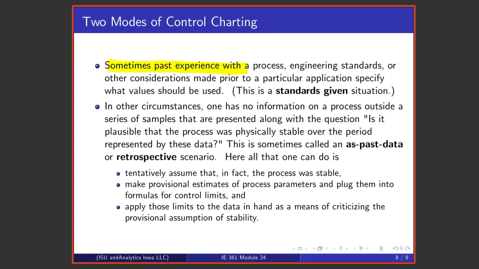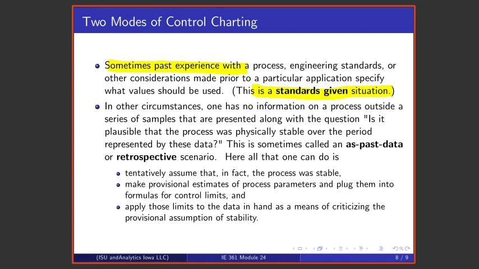If I'm making a machine part, I might have a diameter, and I know that if I run a lathe in a particular way, I get a particular mean and a particular standard deviation. That's what we'll call a standards given situation, based on past experience.